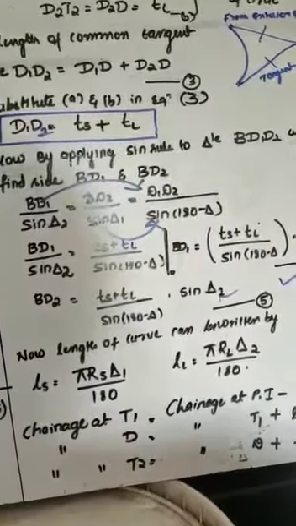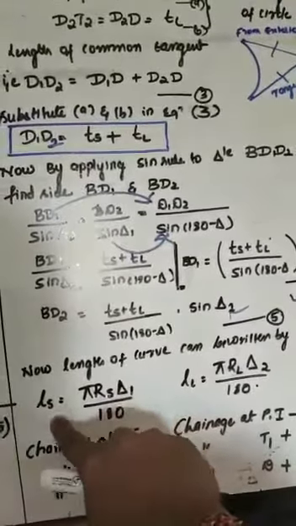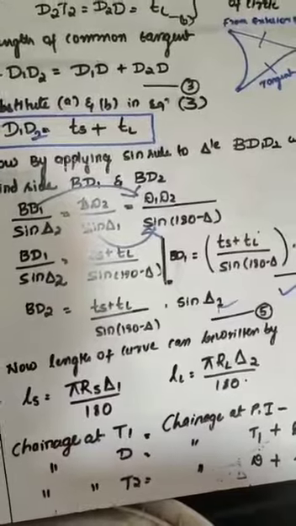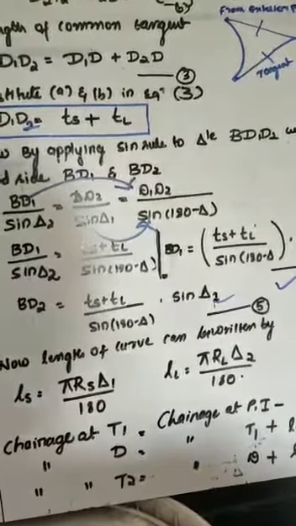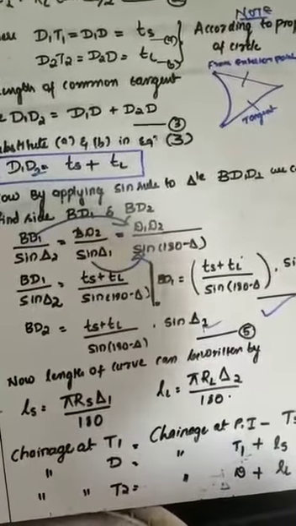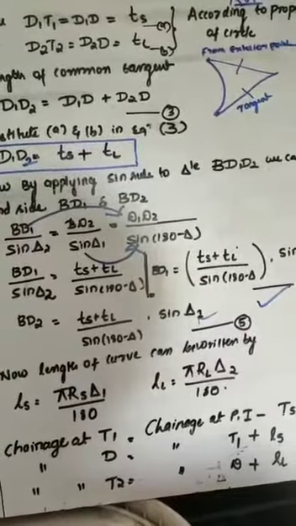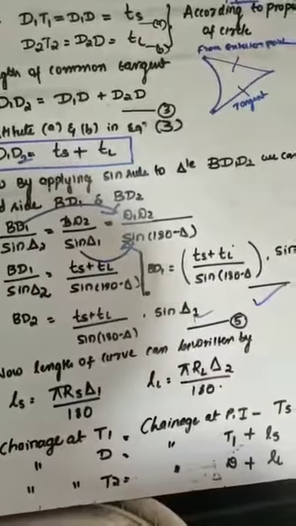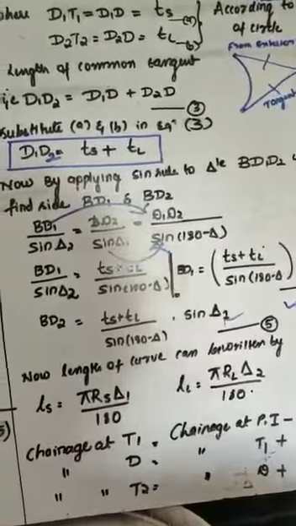Then, as with the length of the tangent, we also know the formula for the length of the curve. That is, length of the curve is pi r delta by 180. You can see the previous derivation of the simple curve. There we have derived the equations for all the elements, so from that we are directly taking the formulas and just substituting.